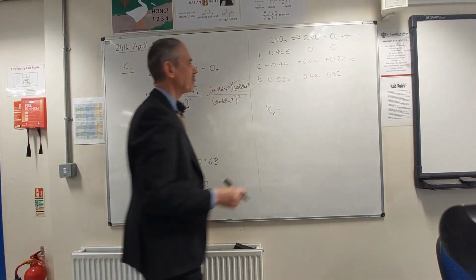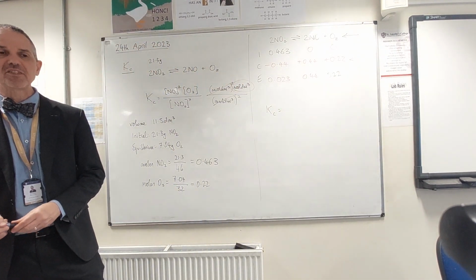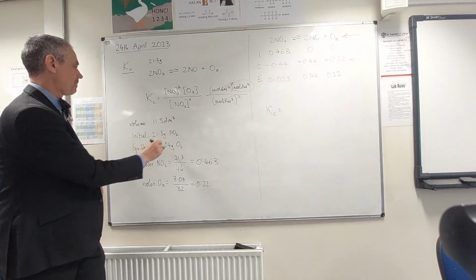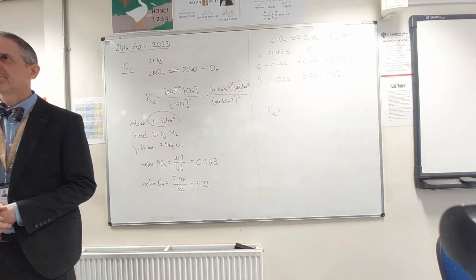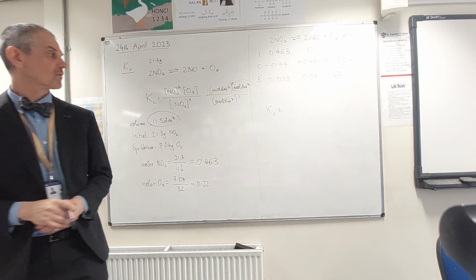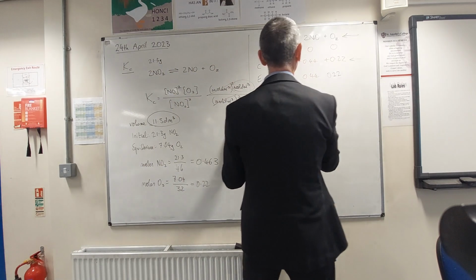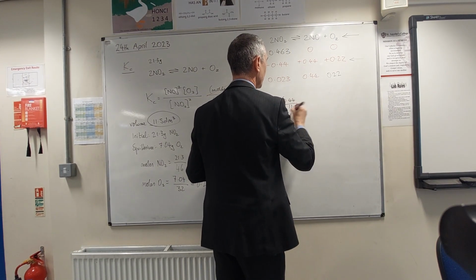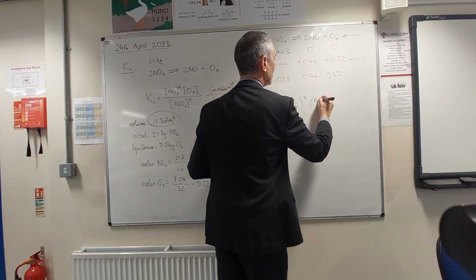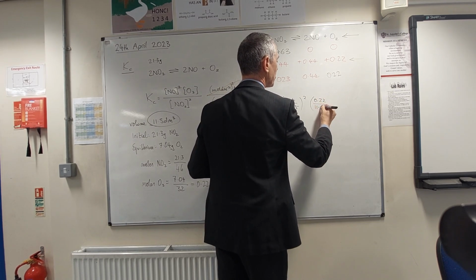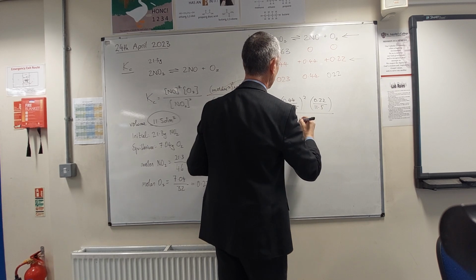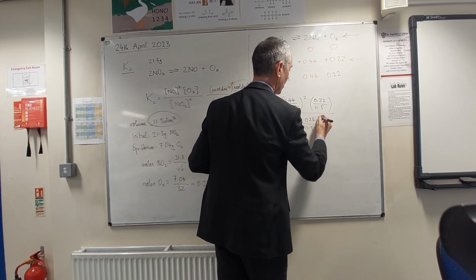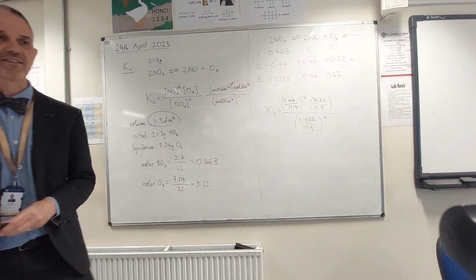Before I start feeding numbers into Kc, I need to remember to divide by the volume. So Kc is 0.44 over 11.5 squared, times 0.22 over 11.5, divided by 0.023 over 11.5, all squared.